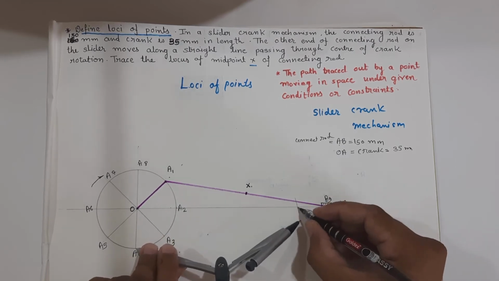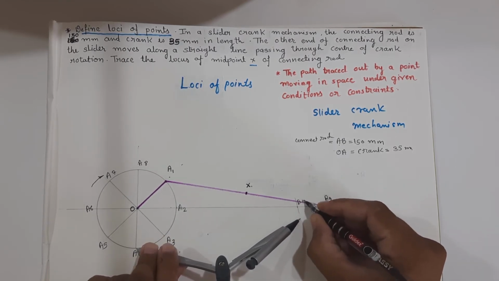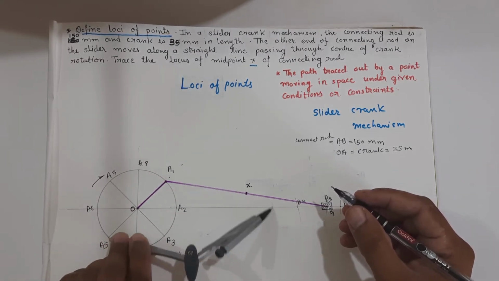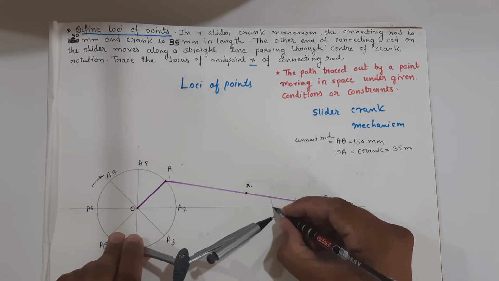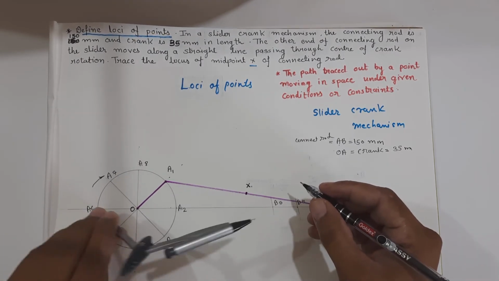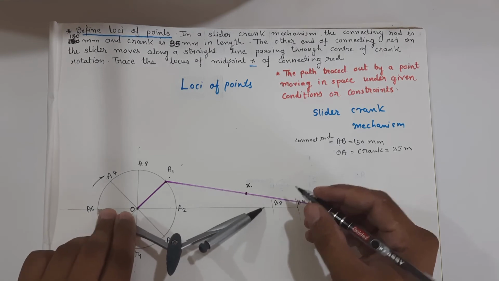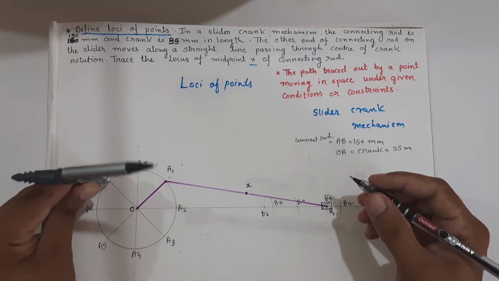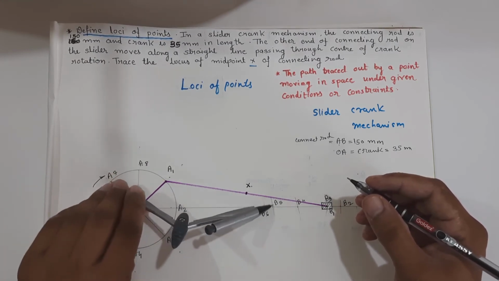So this will be B4. Now A5 to B5, A6 to B6, A7 to B7.